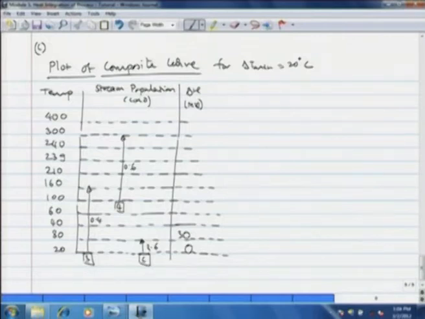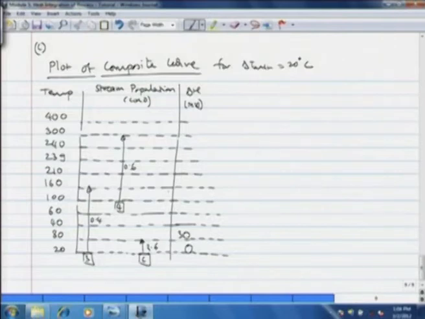Now between 30 to 60 we say that there is only one stream, that is the third stream with 0.4 heat capacity, and then at 100 degrees centigrade we again calculate, because between 30 and 100 there is only one stream.